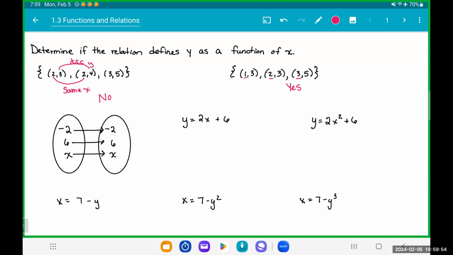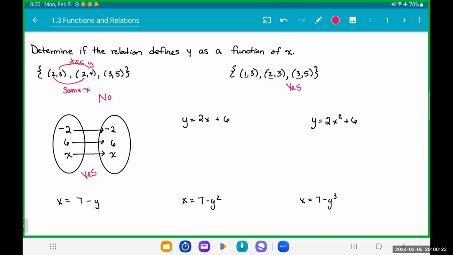You can see each one of these x's go to exactly one y. Now, if this had said something like this, where -2 went to -2 and 6, then that would not be a function. But we don't have that case, so this here is a function because every x maps to exactly one y.